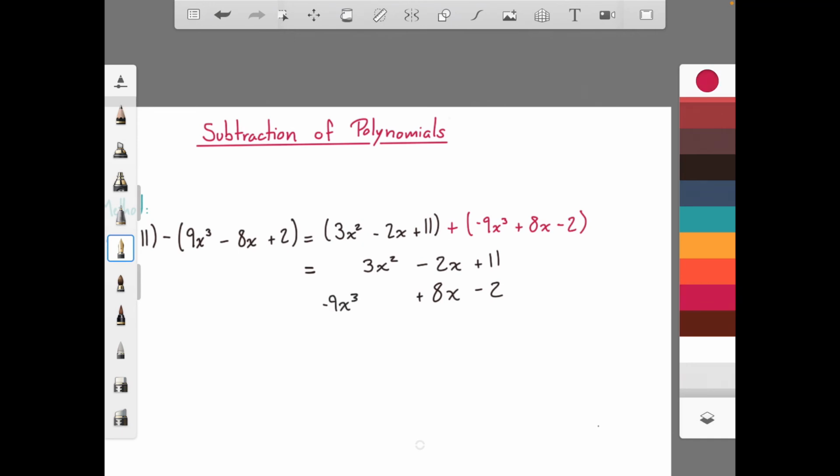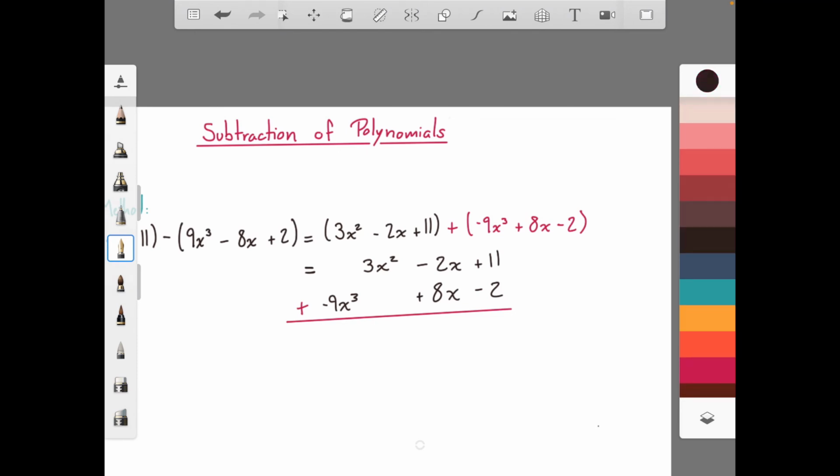Remember, we have to leave this space blank. You can also add a plus 0 over here, but it's not necessary. You can just leave it blank and it won't matter. Just remember to keep the placeholder right there.